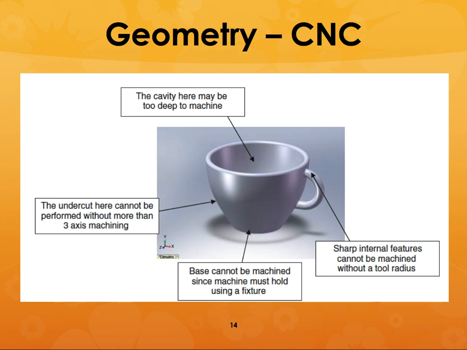Sometimes how deep it is also controls how well you can machine this part, because in this case the cavity might be too deep for you to machine. So if you want to make it by additive manufacturing, you can do that, but by CNC it is almost next to impossible to make.